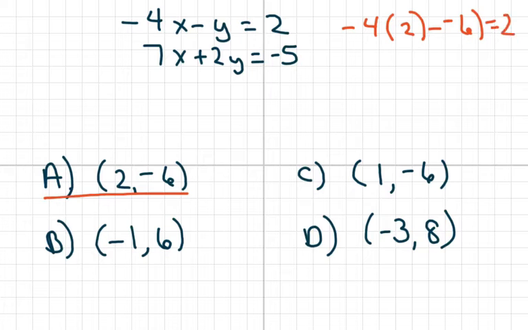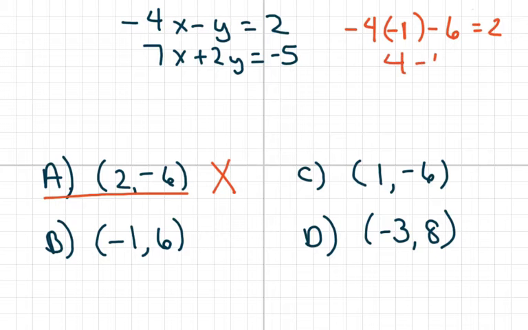Does that equal 2? I'm going to get negative 8 plus 6, which does not equal 2. So I can probably disregard this one. Now let's try B. We get negative 4 times negative 1 minus a 6. Does that equal 2? We get 4 minus 6, and that does not equal 2.